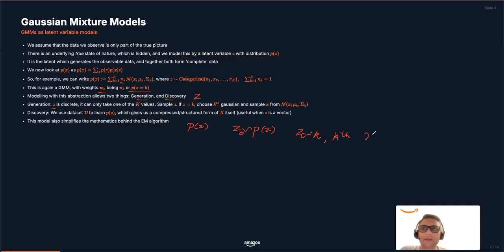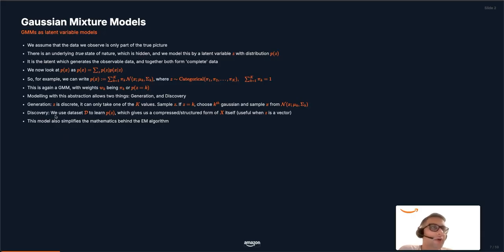So x will be sampled from normal x with mu k and sigma k. So I have a systematic mechanism of generation, and that becomes very important in certain conditions.